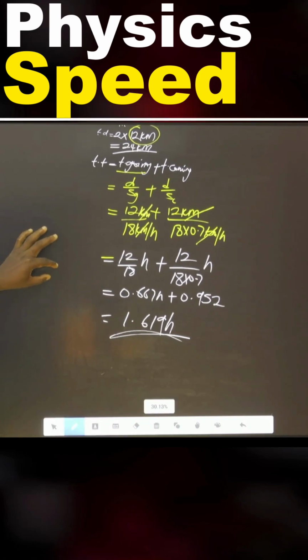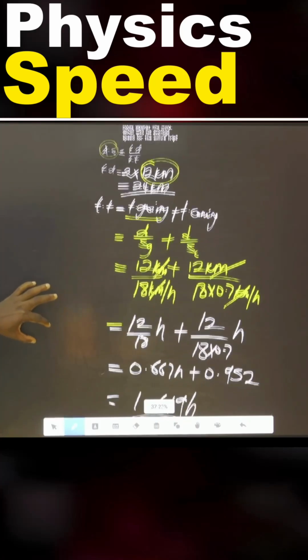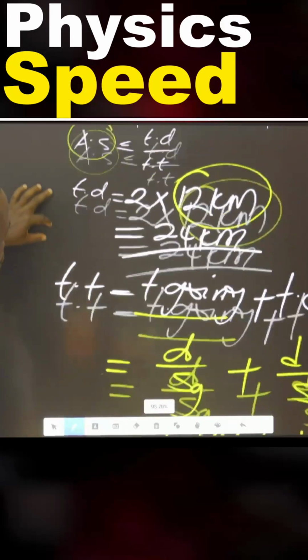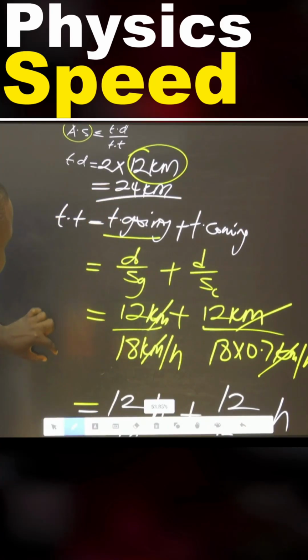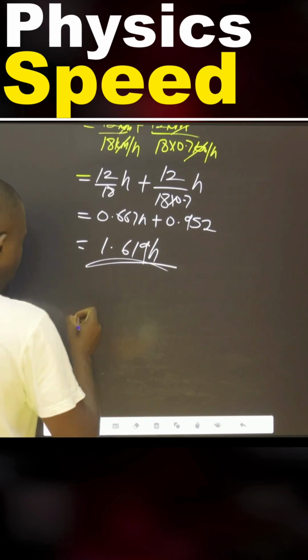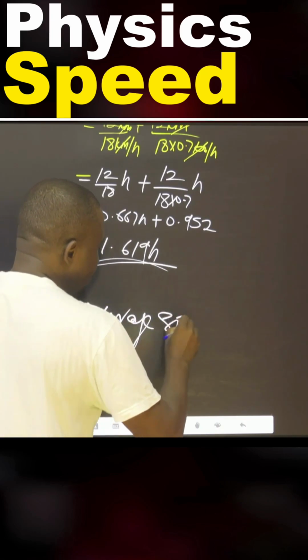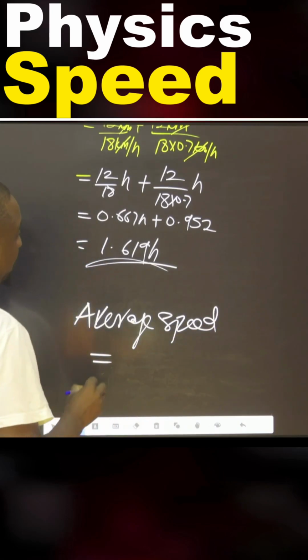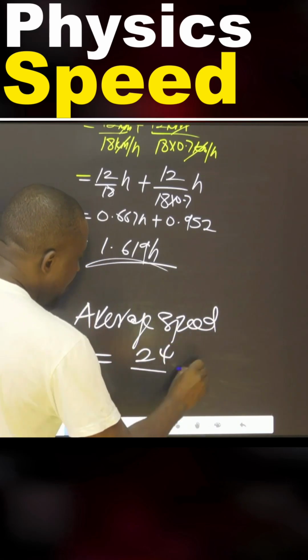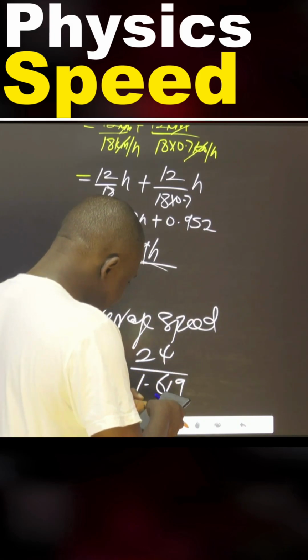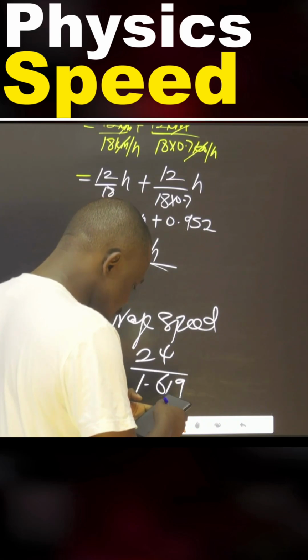So now, to get the average speed, as we have already established, the average speed is the total distance over total time. What is the total distance? 24 kilometers. So average speed is equal to 24 over 1.619. 24 divided by 1.619.